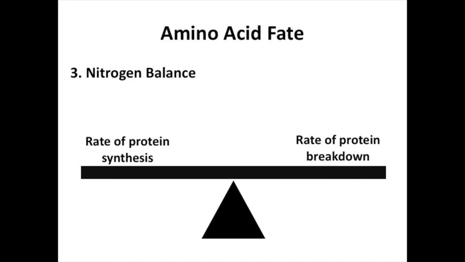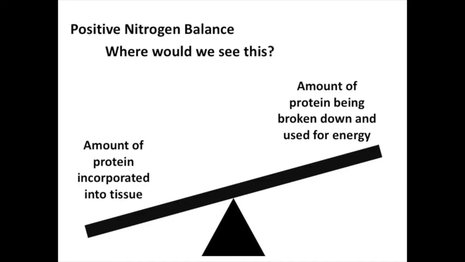So what can happen is if our balance gets skewed this way, right? You have a whole lot of protein being incorporated into the tissue, so that side of the seesaw is down, and way less protein being broken down and used for energy. We actually see this at a couple of periods in the lifespan.